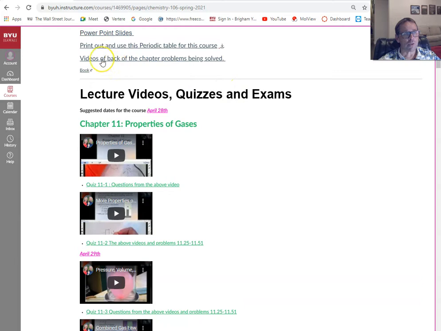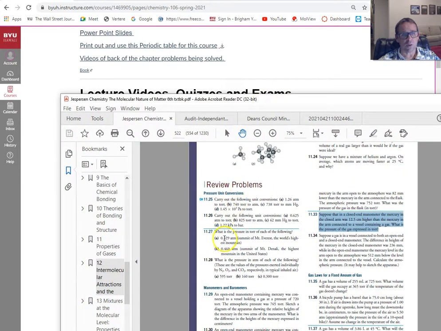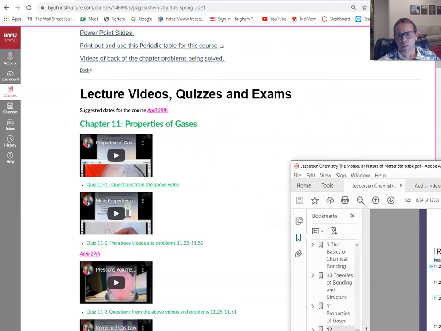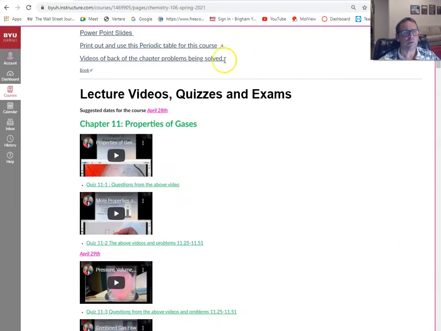And the other resource is videos of people, some of them are myself, some of them are tutors, solving problems from the back of the book. So the ones that we solve are the blue problems. There's blue and black problems, but so for example, let's say that I want to find problem 1133.